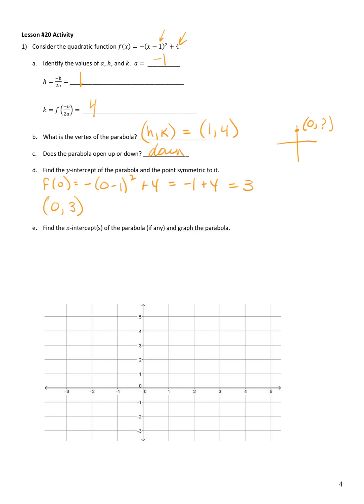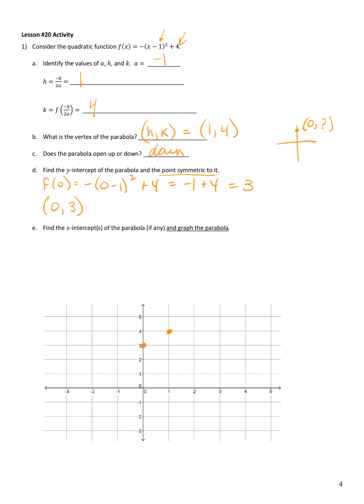I find it easiest to start graphing the parabola before I try to find this point symmetric to the y-intercept. Okay, so I'm going to start putting the things I know about this graph in the axes. So I know the vertex is at (1, 4). I know it opens down, and I know its y-intercept is at (0, 3).